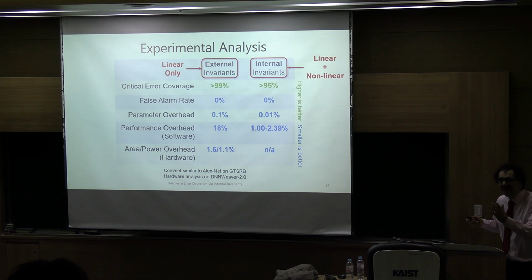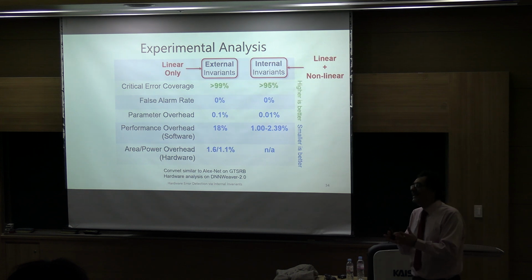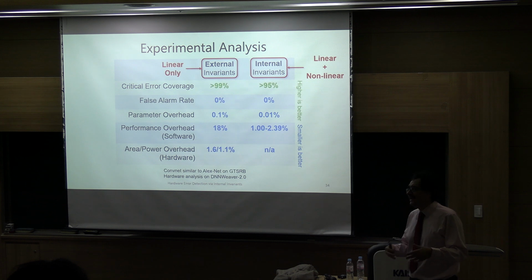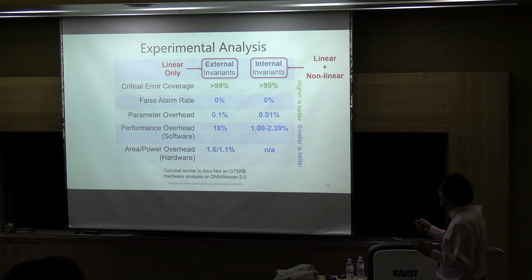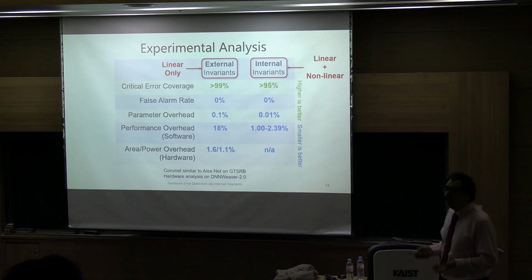The most important thing is that the left-hand side can only deal with the linear part of the system. The linear part of the system is all this dot producting that's going on. But the neural network is not only dot producting; there are nonlinear effects with all these values between the layers. And this is only possible to cover with the internal invariants that you embed in the system.